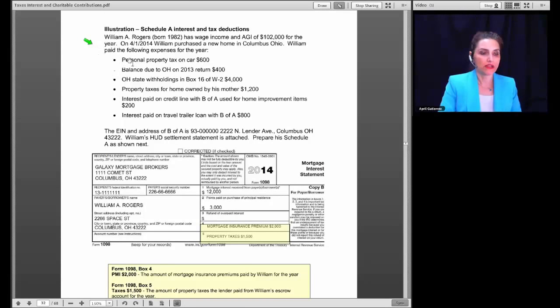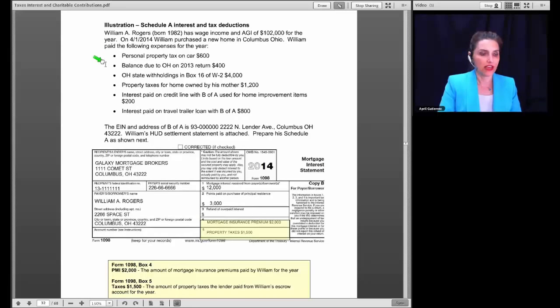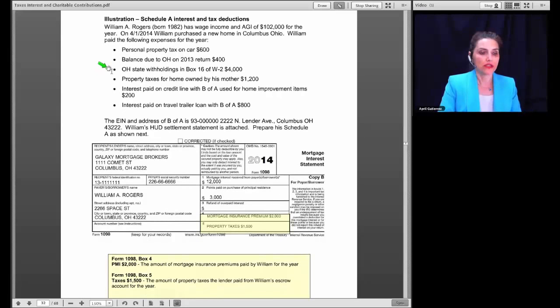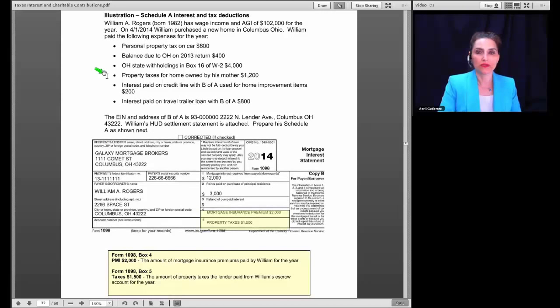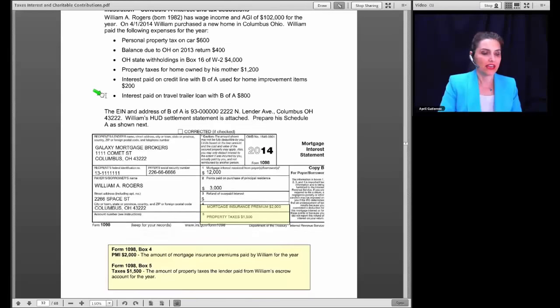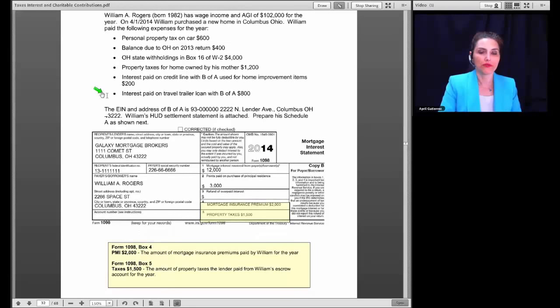He paid the following expenses for the year: personal property tax on a car of $600, a balance due to Ohio on his 2013 return in the amount of $400, Ohio State withholdings in Box 16 of the W-2 for $4,000, property taxes that he paid on a home that was owned by his mother, $1,200, interest paid on a credit card with Bank of America used for home improvement items, $200, and interest paid on a travel trailer loan with Bank of America for $800.